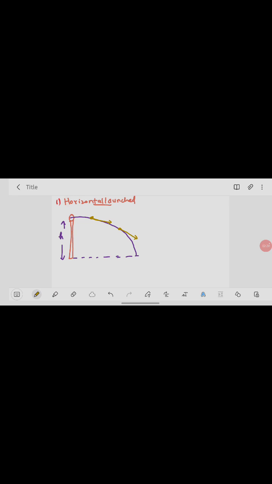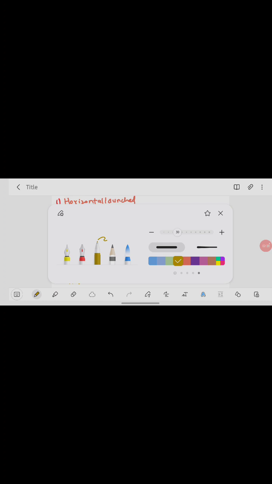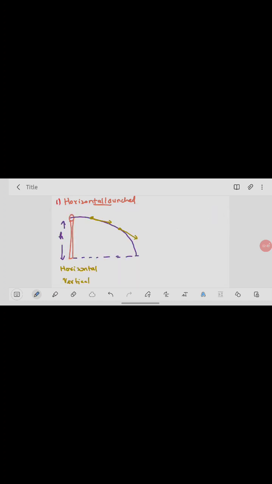The first thing you need to explain here is the two kinds of motion. One motion is called horizontal and one motion is called vertical. When there is left and right, it will be called horizontal motion.